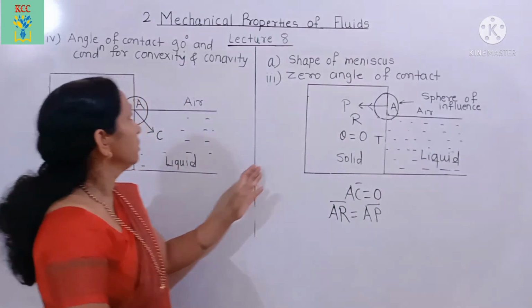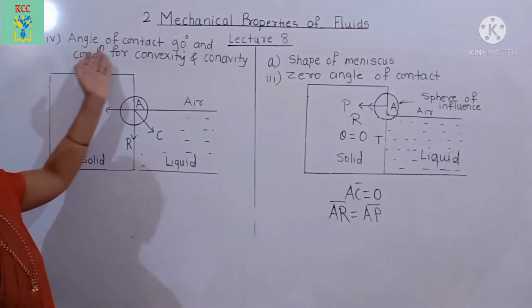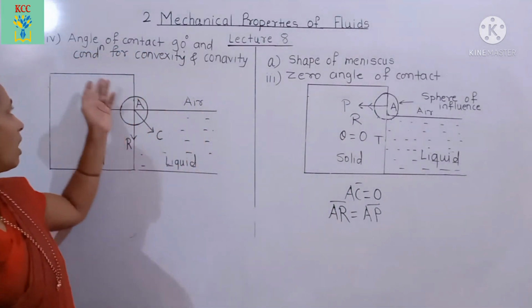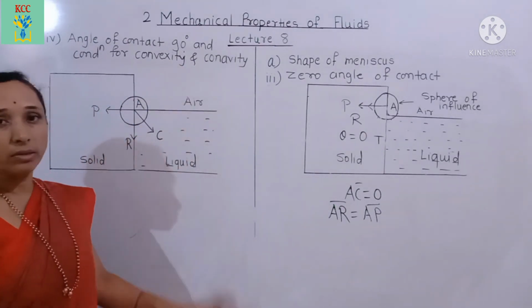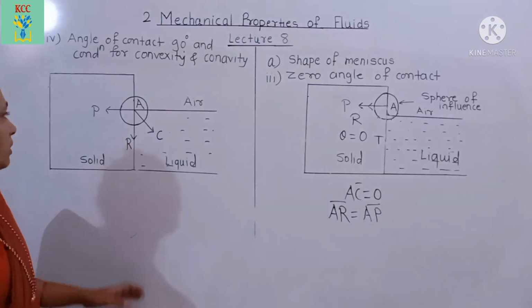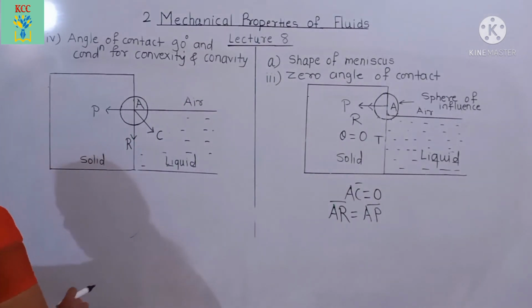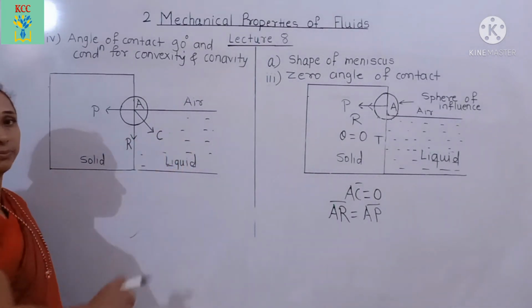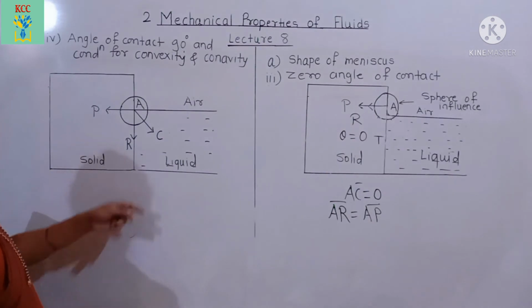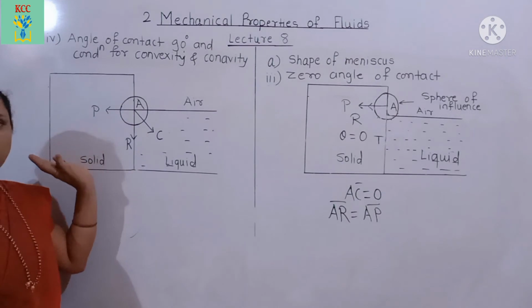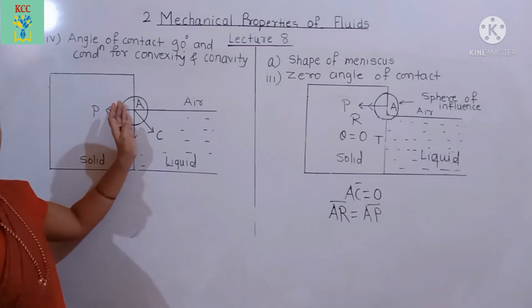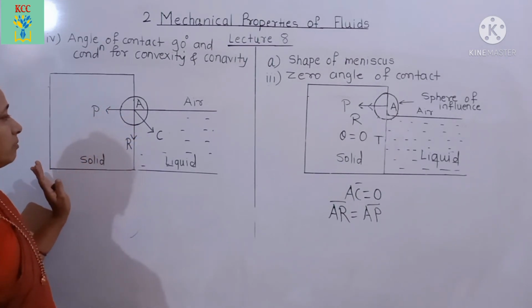Now we see the angle of contact 90 degrees and the condition for convexity and concavity. For this, suppose this is a hypothetical liquid. In that case, we consider the molecule at a contact region.